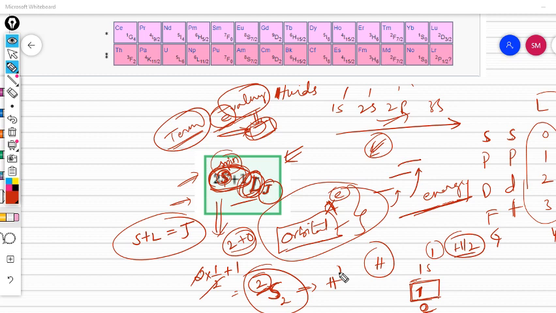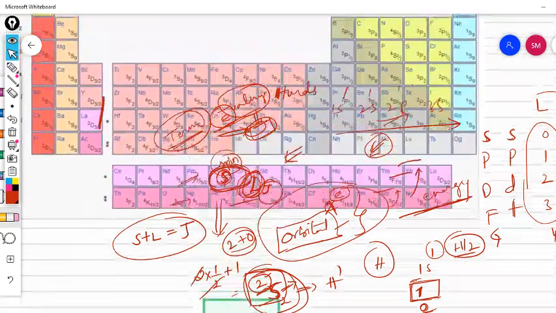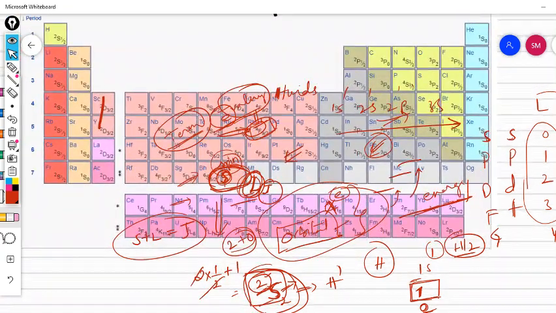Now let's cross check what we have done for the hydrogen ground state symbol. Generally for the ground state symbol you require 2S plus 1 and the L value. This is sufficient. If they ask even deeper, then you need to see whether the J value needs to be written.